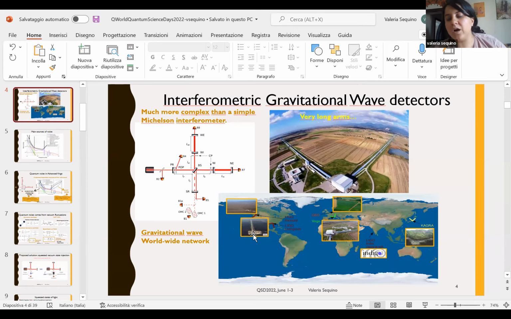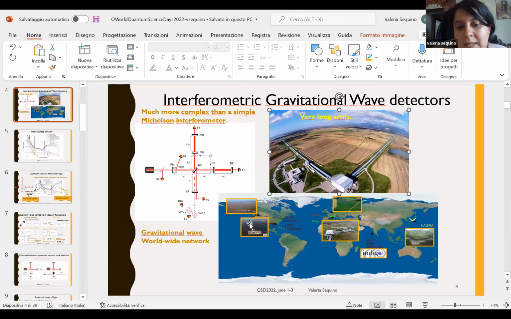For example, one of the first signals that was detected by Virgo was not appearing very well in the data taken by Virgo, and this was very, very important because this gave some information on the direction of the gravitational wave coming from space.